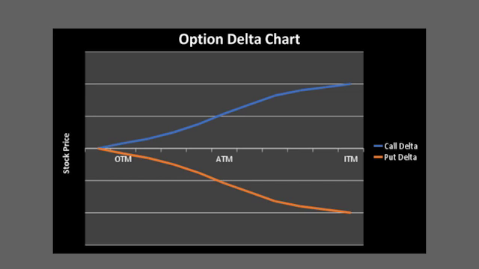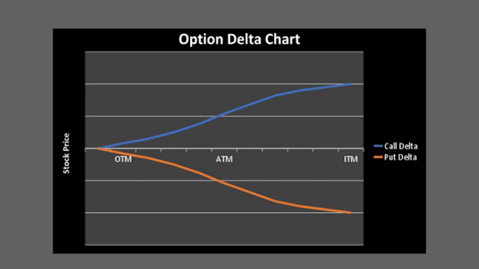All right, so option deltas are measured between 0 and 100. Think of the underlying stock as having a 100 delta. To calculate the delta of an option, you have to compare the movement of the underlying asset versus the theoretical value of the option as that asset moves.